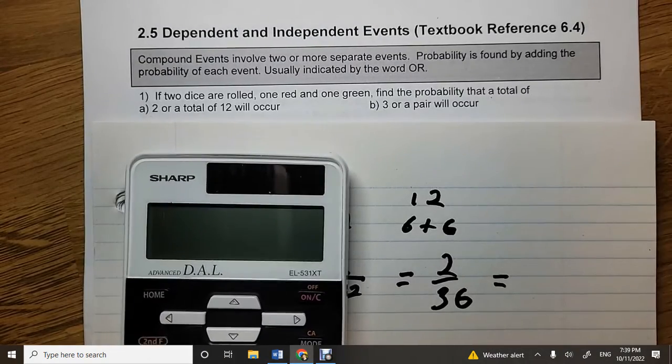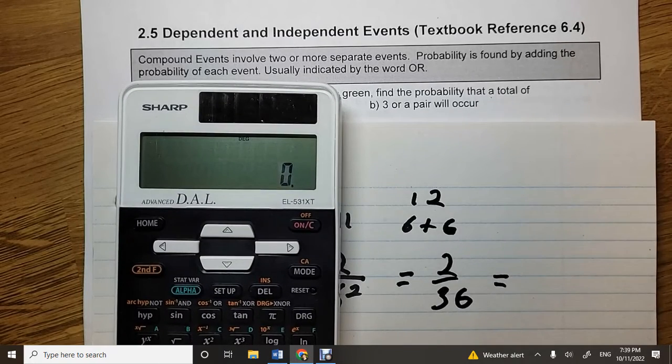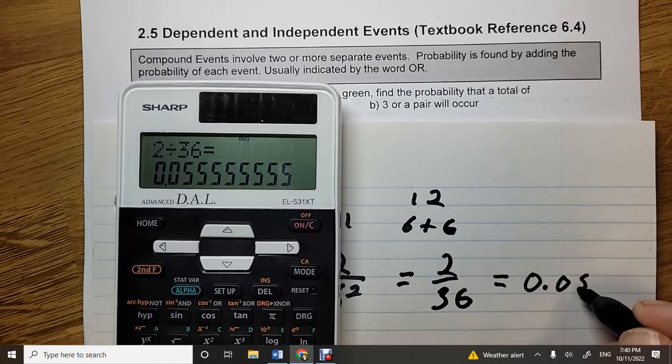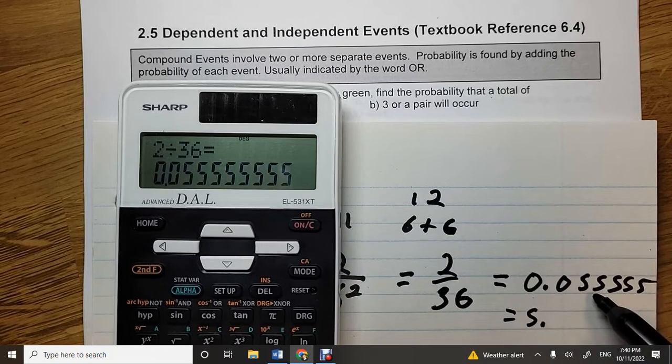Now, rounding, which is an issue sometimes, let's get our calculator out. Let's see what 2 over 36 is, and see if we can round that to 2 decimal places. We could reduce it to 1 over 18, but let's just round. It's 0.055555, it keeps going. If we turn that into a percent, we multiply by 100 and move the decimal over. 5.55, now how do we round?